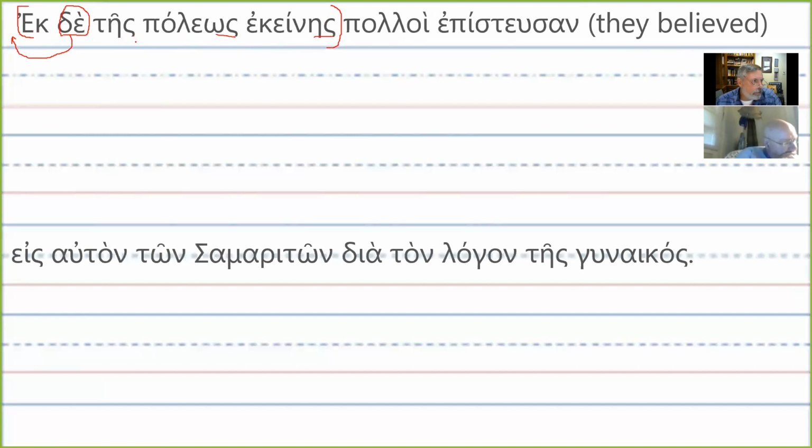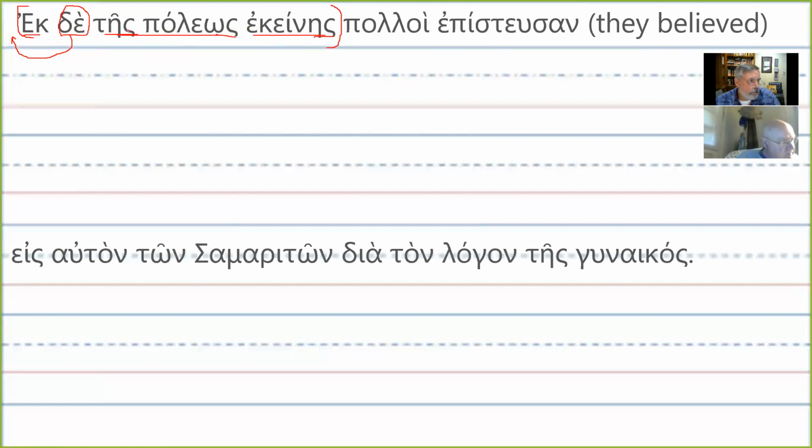Genitive and genitive. And so, do you remember what poleos means? City. Right, and ekeines? That. Yeah, okay. Because it's far, it's singular. So, but from that city.